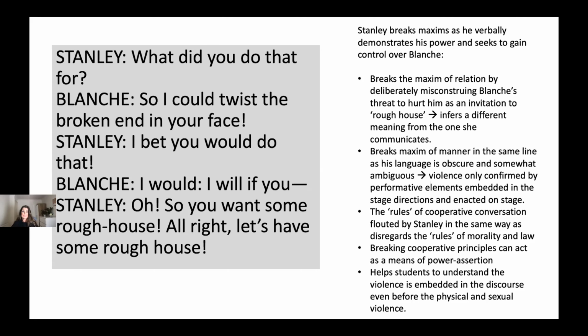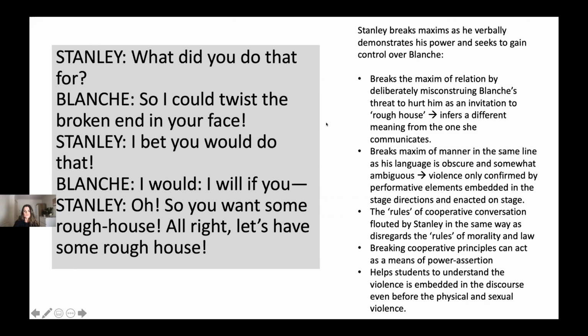And this shows then that breaking cooperative principles can act as a means of power assertion. So they're a fascinating way of thinking about the enactment of power in literary texts as well as in social situations and in conversation. And looking at this with students then can help them to understand that violence is embedded in the discourse, as I mentioned at the start, even before the physical and sexual violence has taken place.